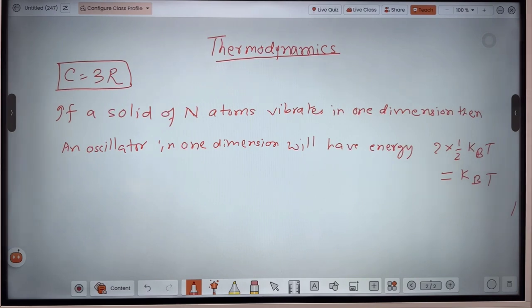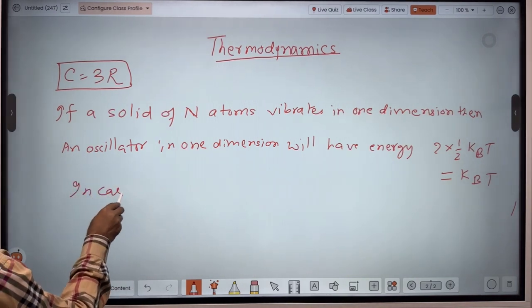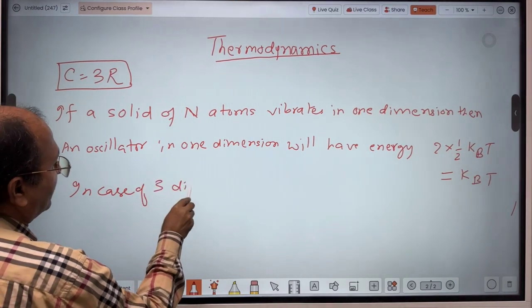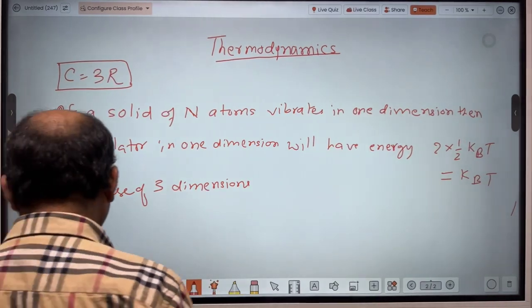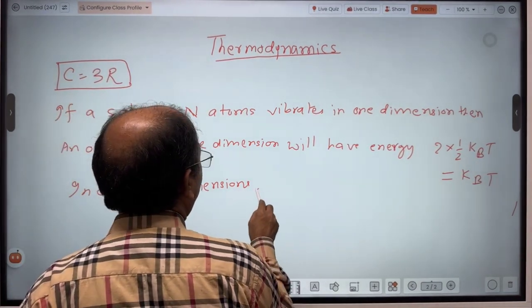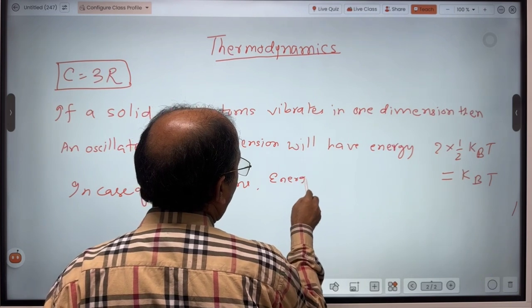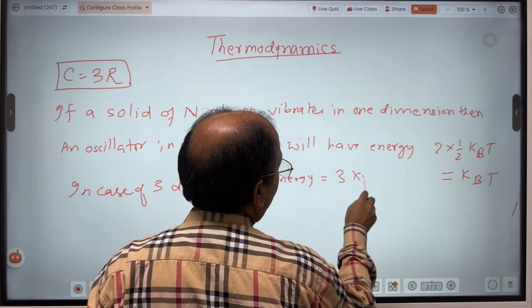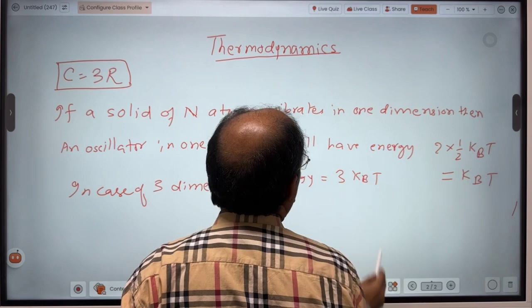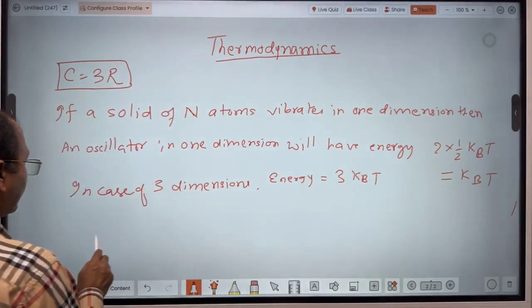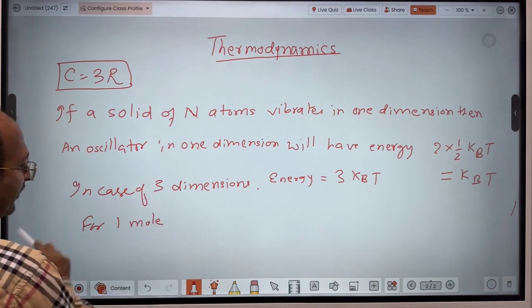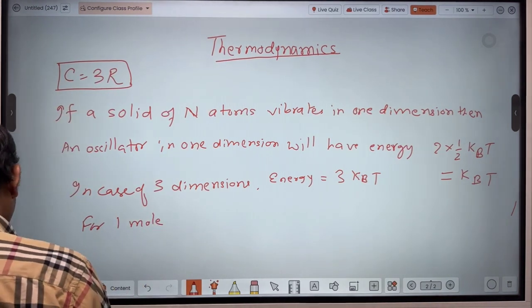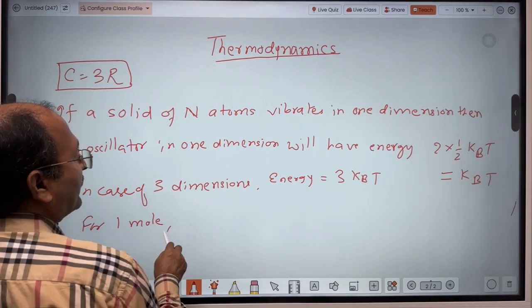So if three dimensions are taken, in case of three dimensions, what will happen? So total energy will become how much? It will be, so energy will be equal to 3 kBT. Now, if we take 1 mole substance, it will become how much?